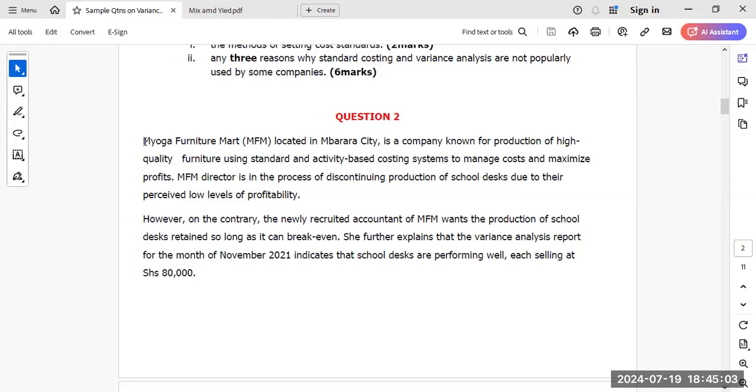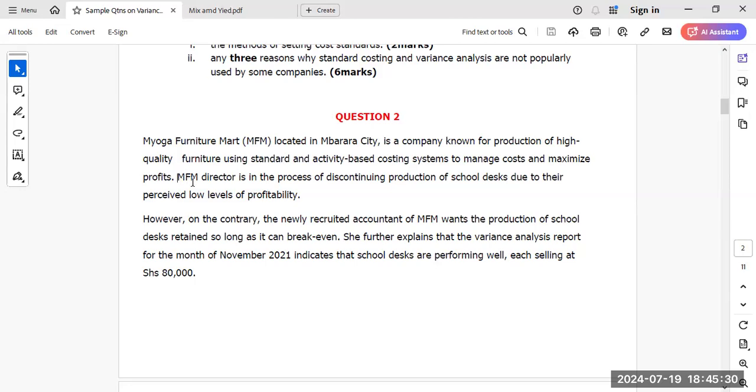They are telling us that MFM, located in Mbarara City, is a company known for production of high-quality furniture using standard and activity-based costing systems to manage costs and maximize profits. These are some of the tools we normally use: standard costing and activity-based costing systems.